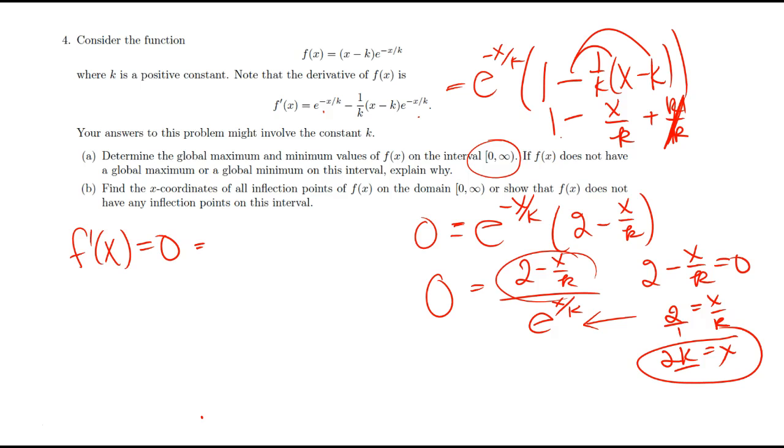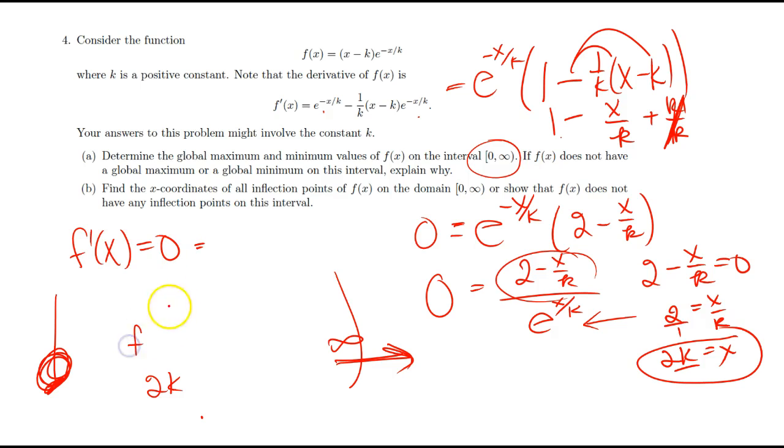Now, we're looking at from 0 to infinity. At 2k, somewhere in here, we have a critical point. But I need to test the critical point and the endpoint at 0 and the end behavior. What's happening as x approaches infinity?